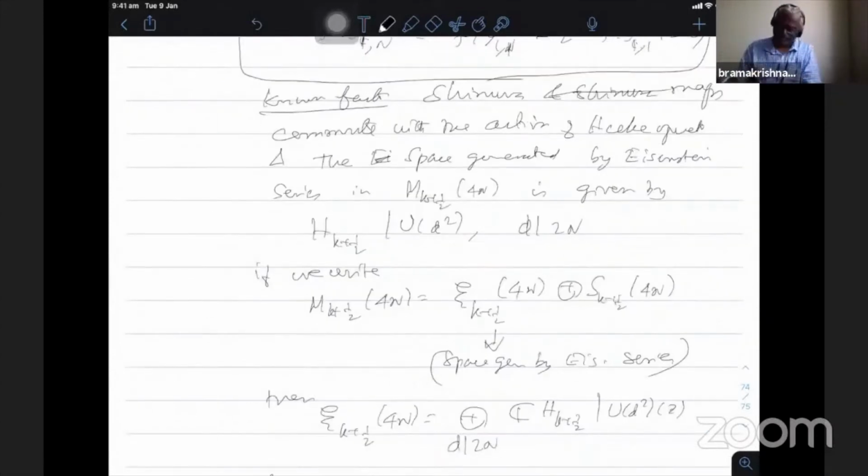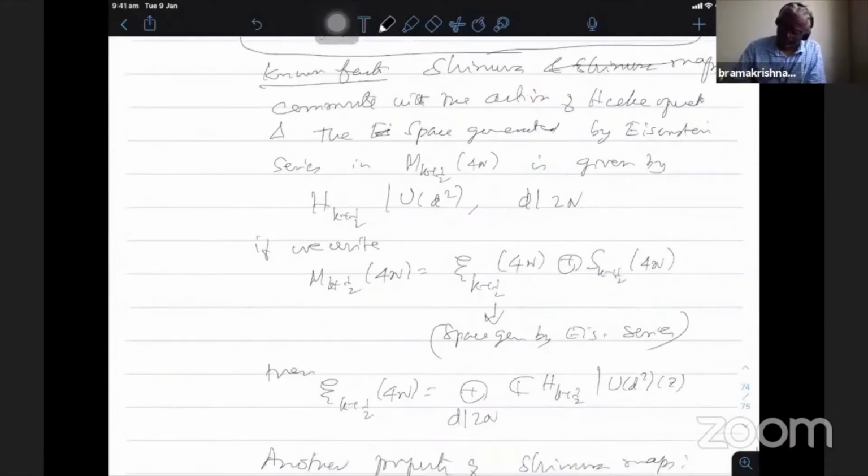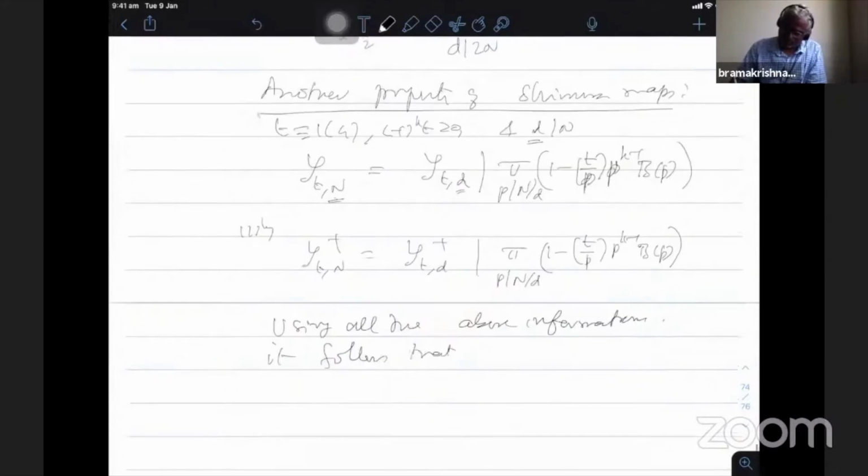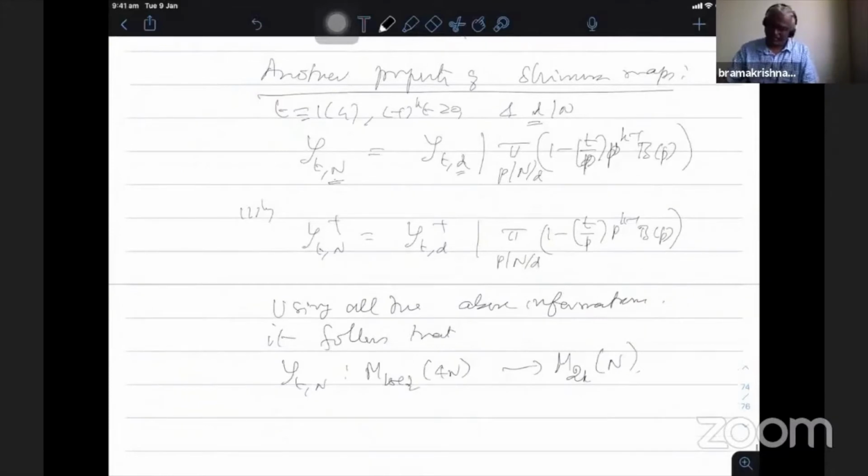So this implies, using all the above information, it follows that S_{t,n} maps M_{k+1/2}(4n) to M_2k. Yes, first of all, the mapping property is done, where n is odd and square free.